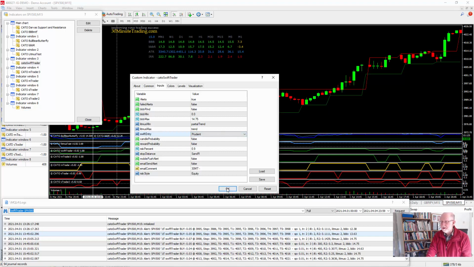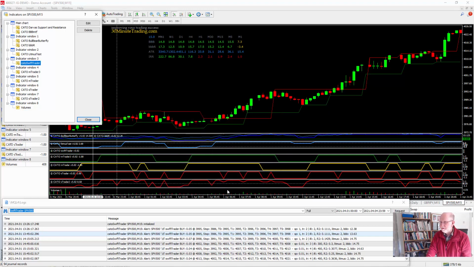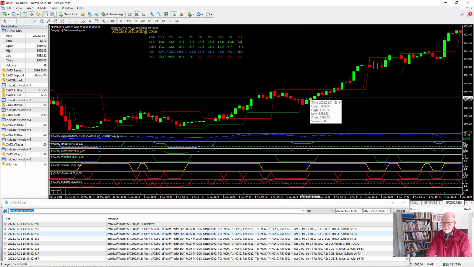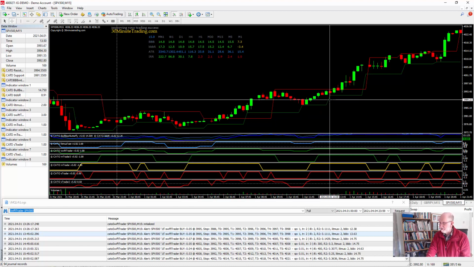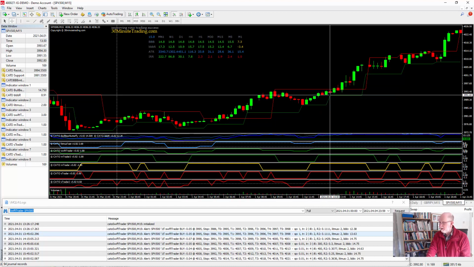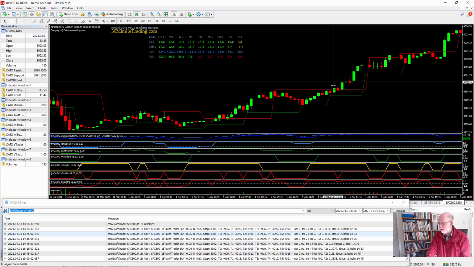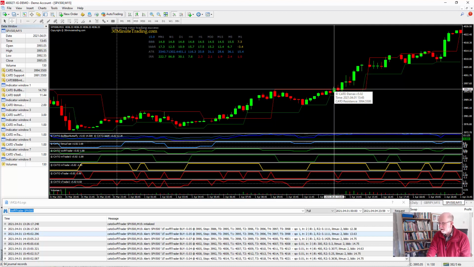Prudent is the default setting for this, so we'll leave that alone and close that back off again. So prudent on 1345 means that if it breaks that high, which happens to be a Darvas resistance, we're in, and so we're in on the trade there.